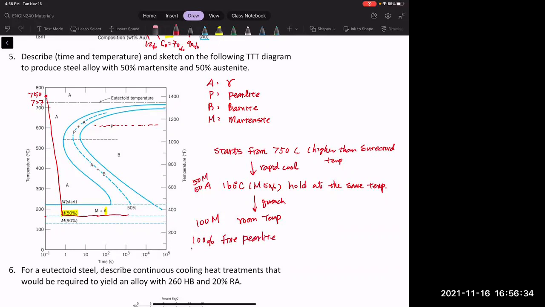Okay, and then how do you find this one here? Let me use different colors. So again, you start with the high temperature. And where's the fine pearlite? Fine pearlite is in this region.